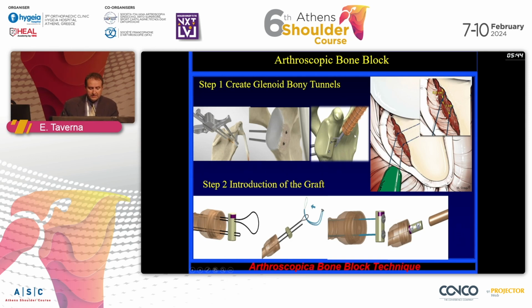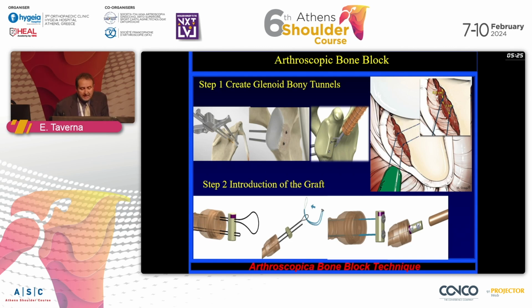Here there are 2 bony tunnels, 1 centimeter apart. Using the posterior guide, we are sure that we're drilling 2 tunnels perfectly perpendicular to the glenoid neck, which is made flat arthroscopically, and with a perfect offset of 5 millimeters each.